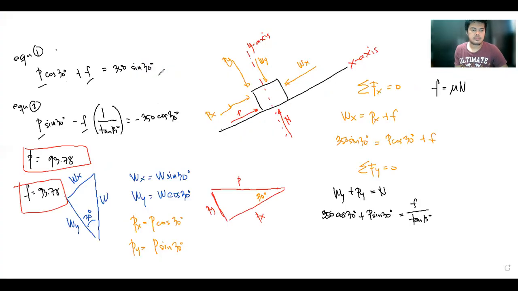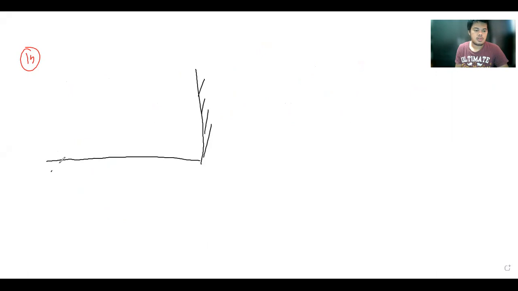So this would be for problem number 13. According to the problem, you have the wall and the floor, and then you have the ladder.